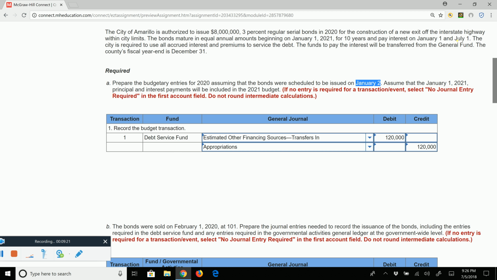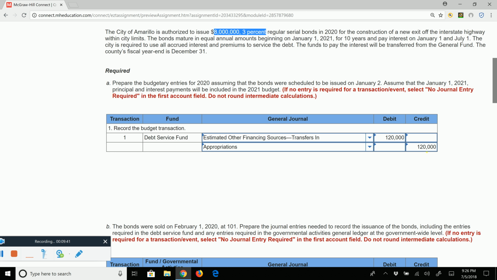Well, only one, the July 1st. And so one interest payment is 6 months. So 8 million times 3% times half a year, that's $120,000.